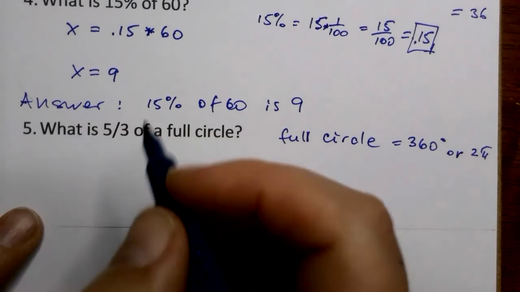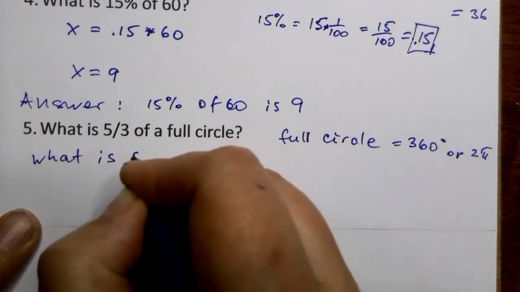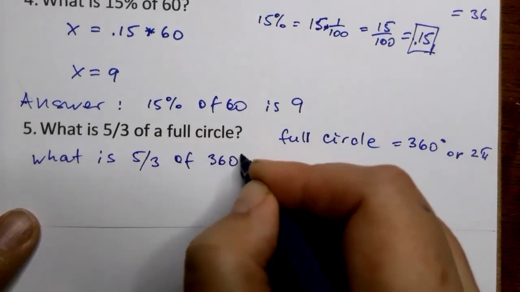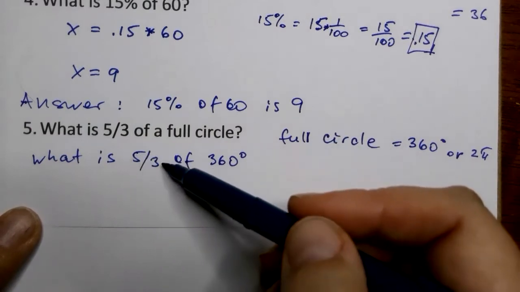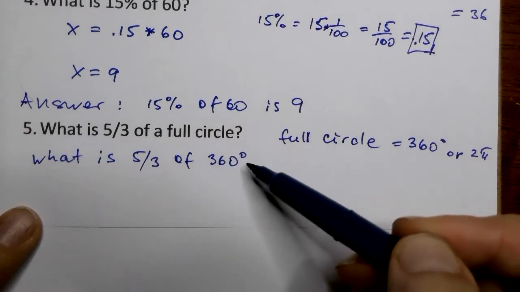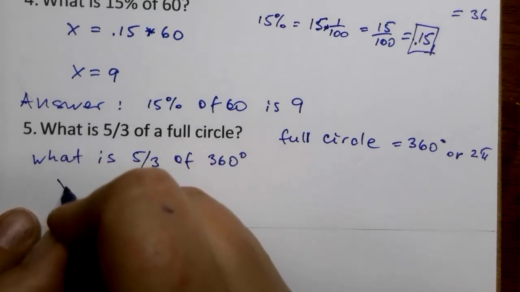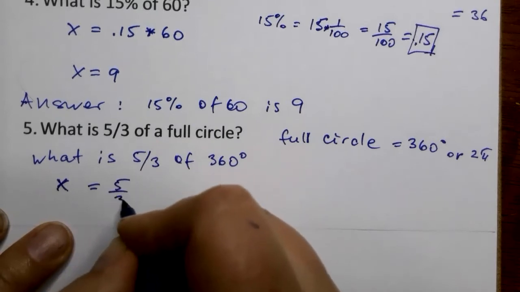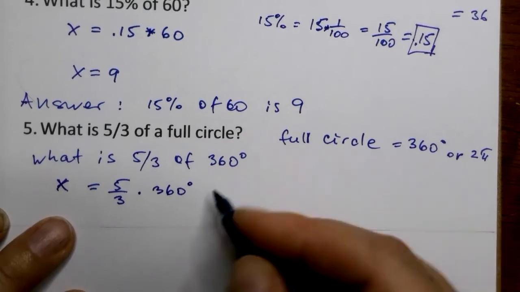So basically the question is, what is 5/3 of 360? So that's your basic question. And again, I want you to notice that 5/3 is more than 1. So that means that we're going to have a value that's bigger than 360 as the answer. So don't panic. So we have x equals 5/3 times 360.